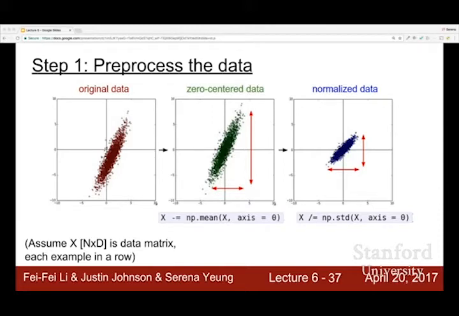In practice, for images, which is what we're dealing with in this course for the most part, we do the zero centering, but we don't actually normalize the pixel values so much, because generally for images, at each location, you already have relatively comparable scale and distribution, and so we don't really need to normalize so much compared to more general machine learning problems where you might have different features that are of very different scales.